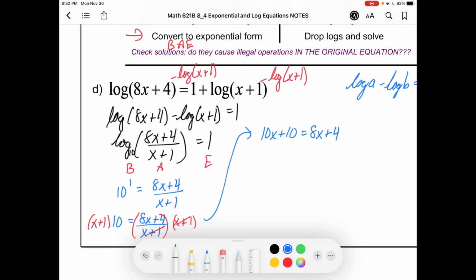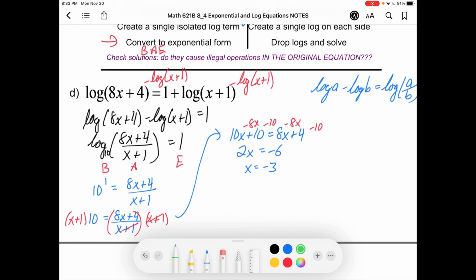For all that miserable stuff, in this case, we don't have a quadratic. I'm just going to put my x's on one side and my numbers on one side. So let's see, I'll get 2x equals negative 6, or x equals negative 3.